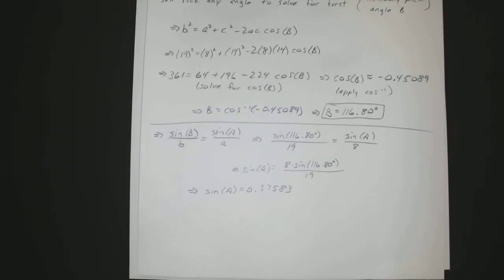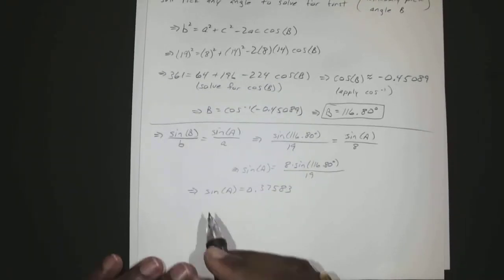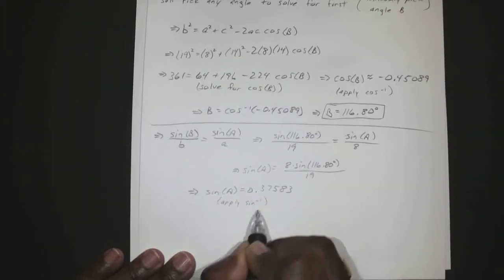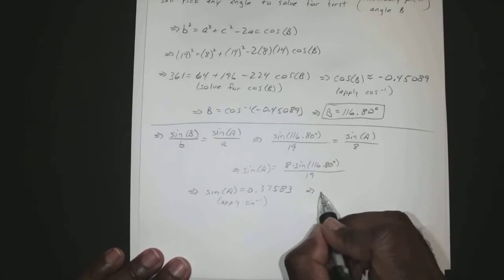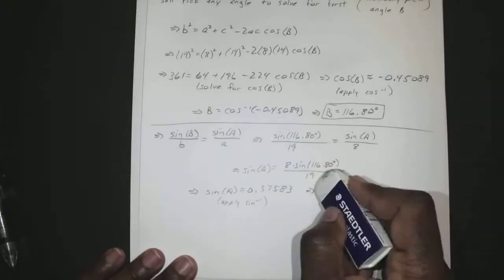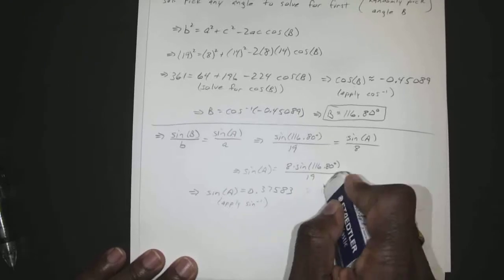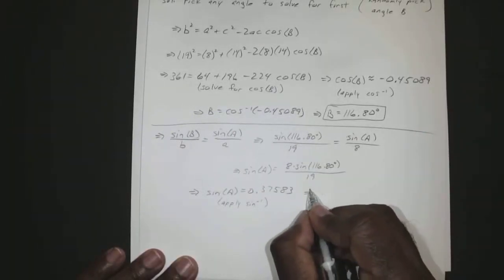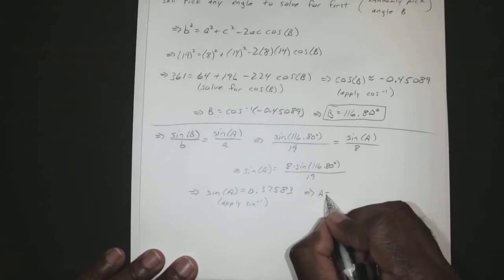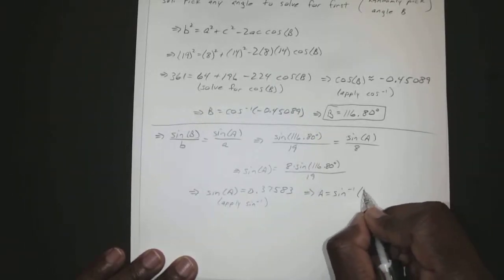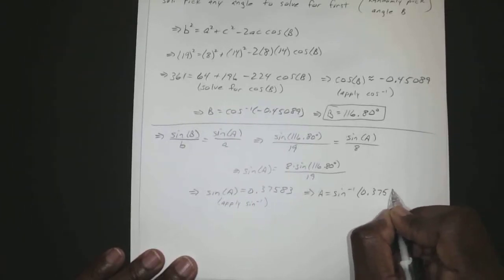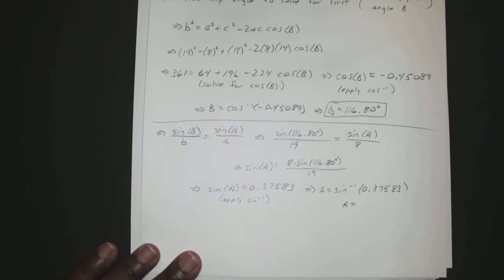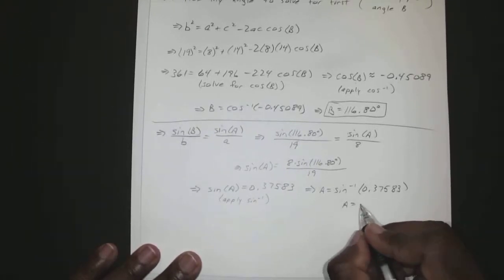So if you apply sine inverse to both sides, A is going to equal sine inverse of 0.37583. Once you plug that into your calculator, A will equal 22.08 degrees.